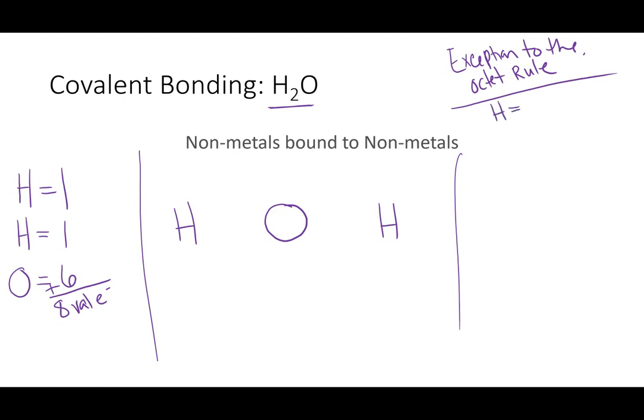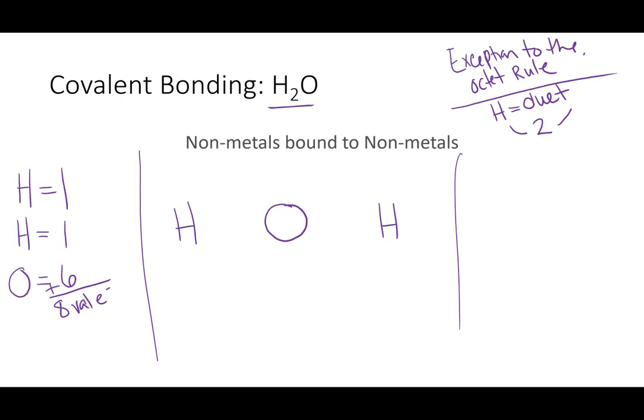Hydrogen is actually happy with what we call a duet. So hydrogen is okay with just 2 valence electrons. So when I go to do these Lewis structures, hydrogen only needs to touch or only needs to have 2 valence electrons at his disposal.